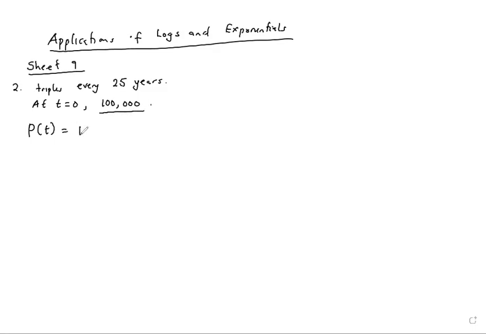So you say 100,000 multiplied by 3, from the word triples, to the power t over 25, 25 years. That is how you come up with the equation of tripling, which is purely an exponential problem.